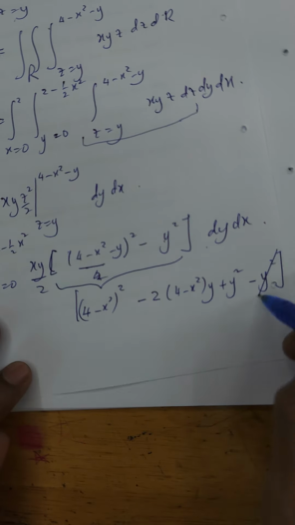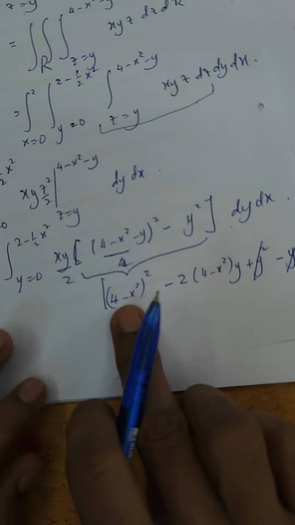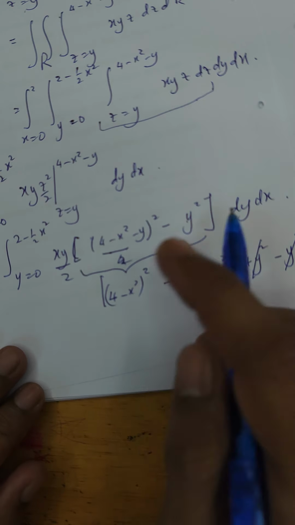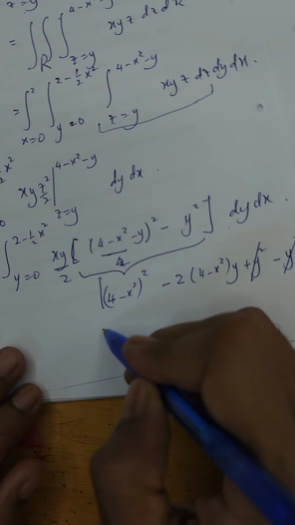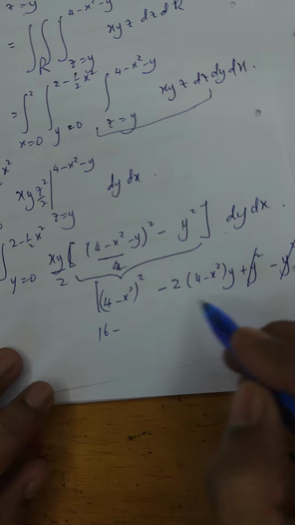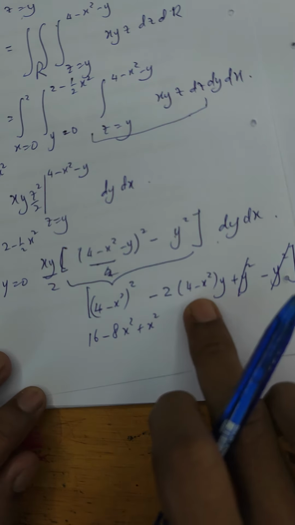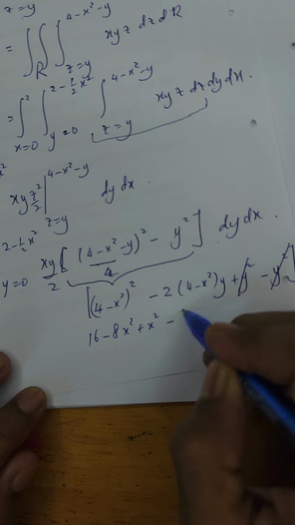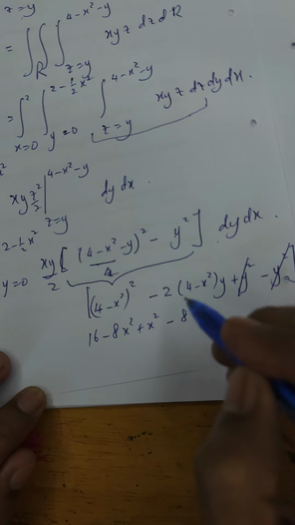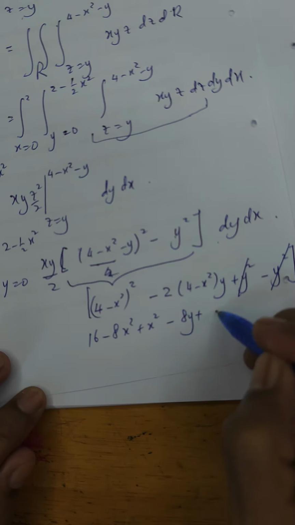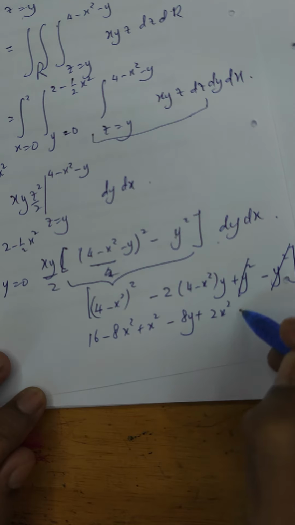Okay, those cancel out. So here you can open up this bracket, so we have 16 minus 8x squared plus x to the fourth, minus 8y plus 2x squared y.